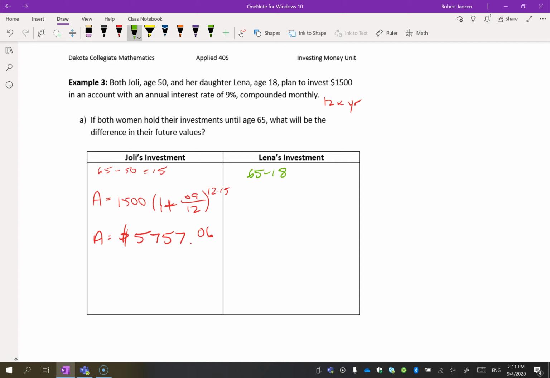Okay, let's figure out Lena's. So this is going to be 47. So A is going to be 1,500 times 1 plus 0.09, 12 times 47.